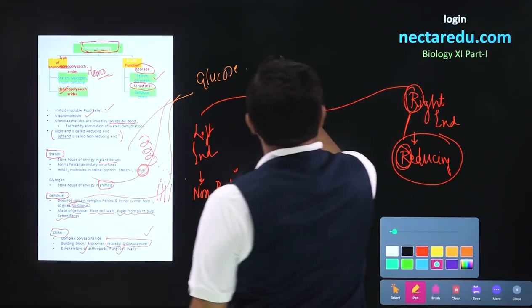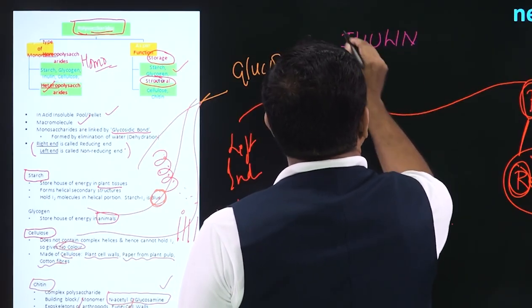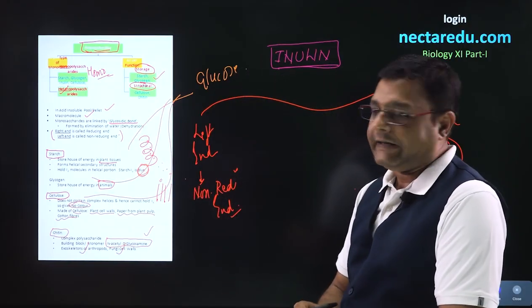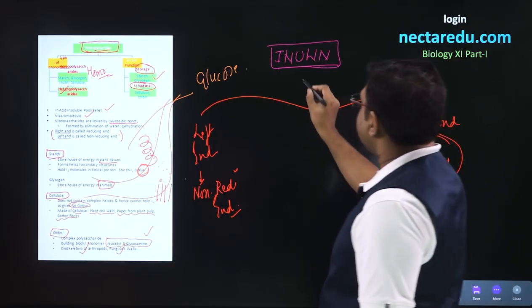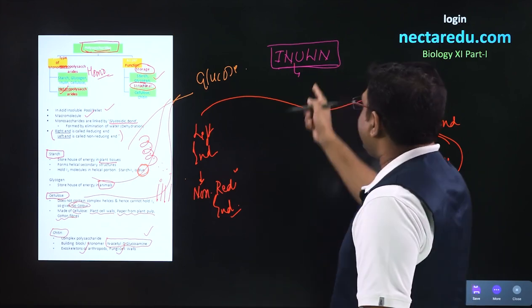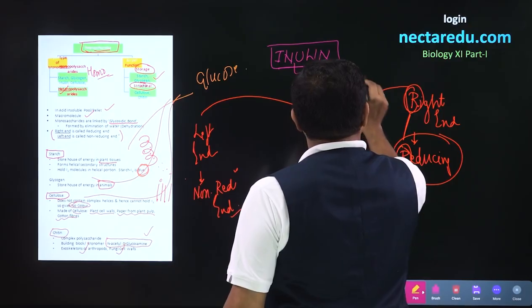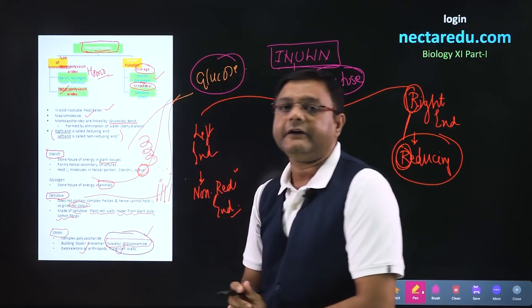The thing to be noted here is that it is not insulin. Insulin is a hormone and an example of protein. An example of a polysaccharide is inulin. This inulin is also reserve food in some plants, and here the monomer is fructose. So we need to remember the different monomers which are present in different polysaccharides.